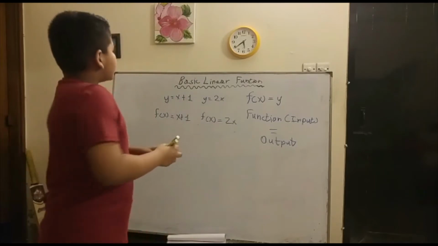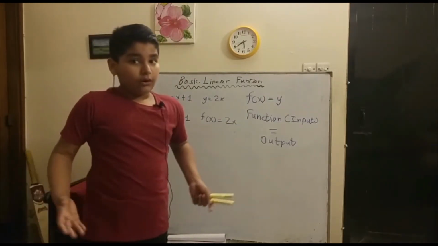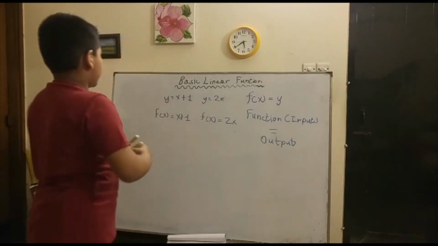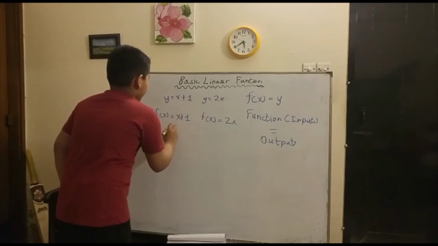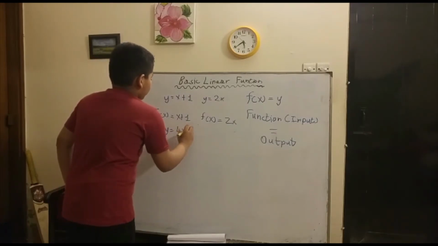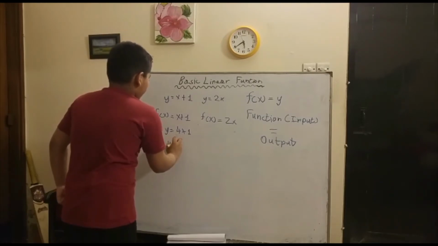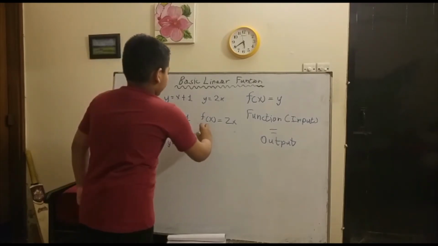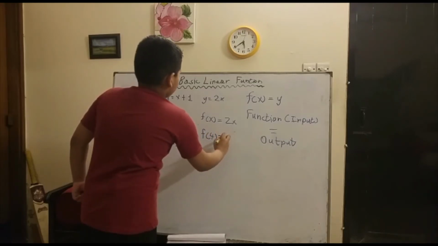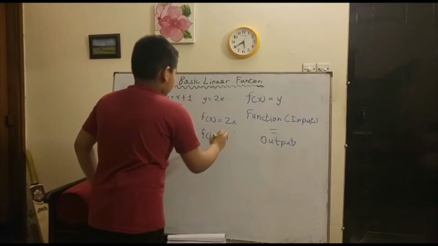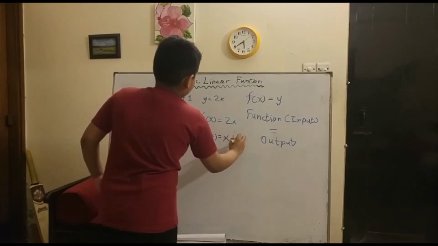So now when you plug in a number or a value for x, you do it like this. At first we just gave something like y equals 4 plus 1 and we get y equals 5. But here it would be f of 4 equals x plus 1, so f of 4 equals 5.